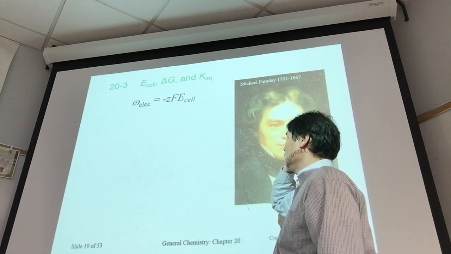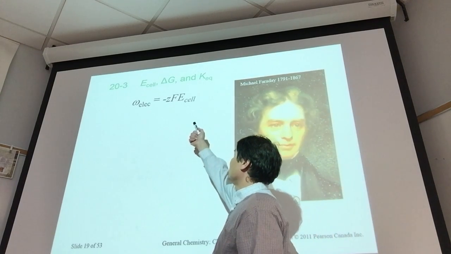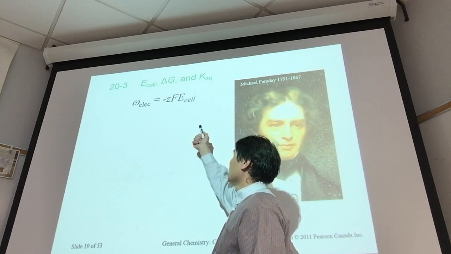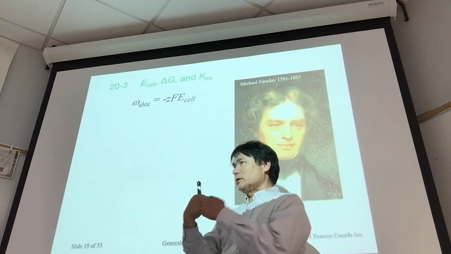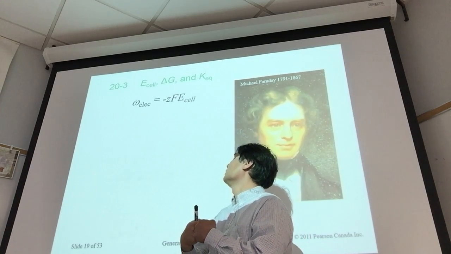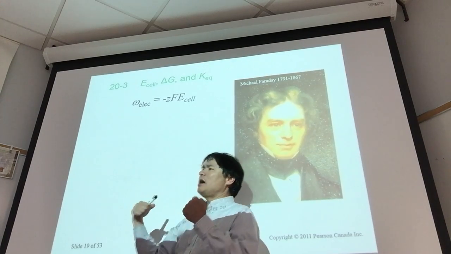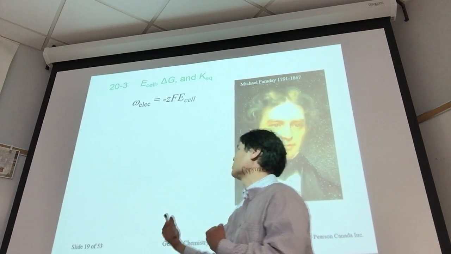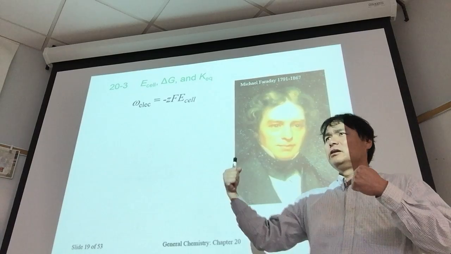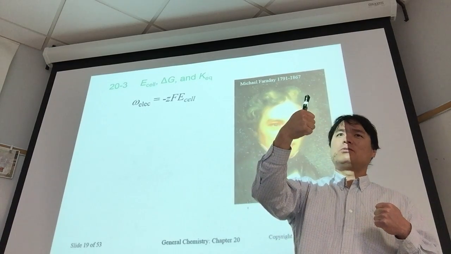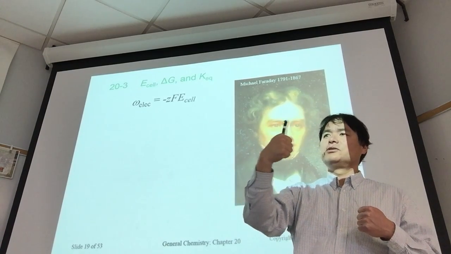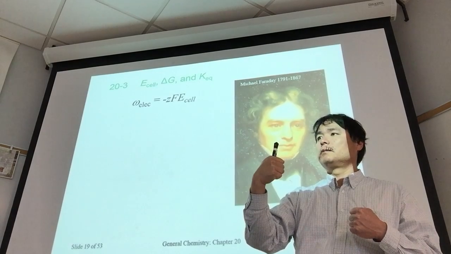Anyway, if we look at this force, the pressure or the force on the electron, and the number Z times F is the amount of charge that passes through, or the number of electrons that pass through the wire. So you're pushing electrons through the wire. Pushing electrons through the wire takes work, right?